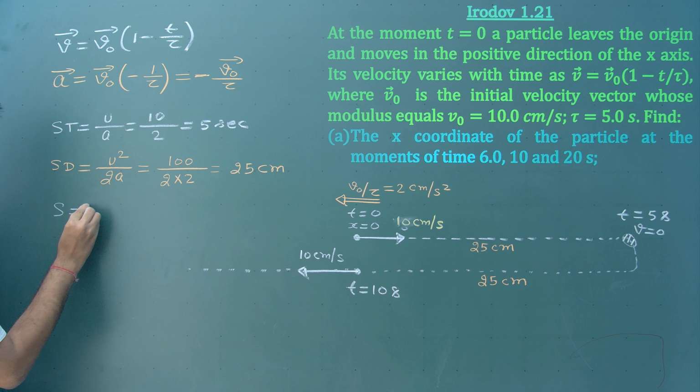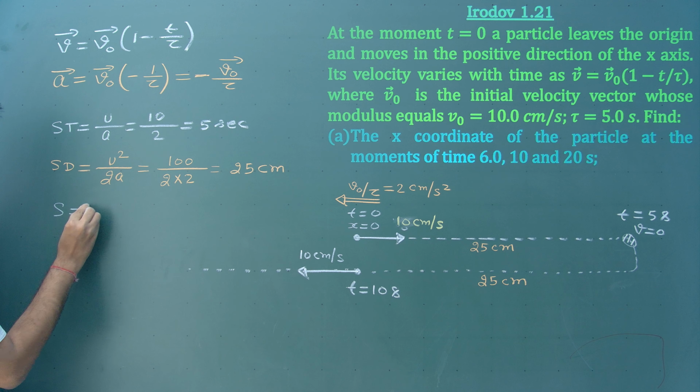So this is 60 minus 36, which is 24. So this distance is 24 centimeter. So at time t equal to 6 second, the x coordinate is 24 centimeter.